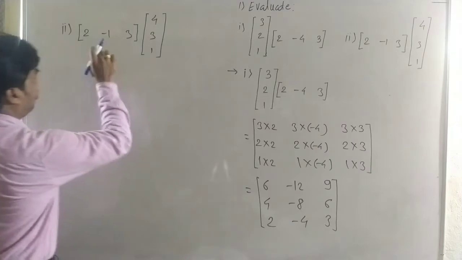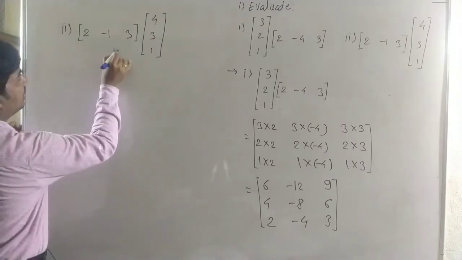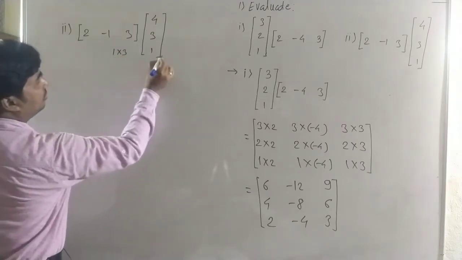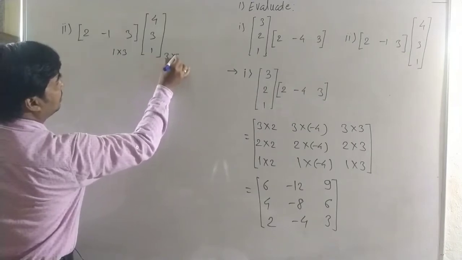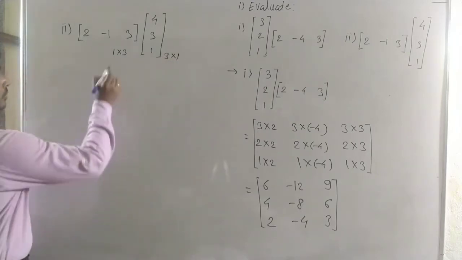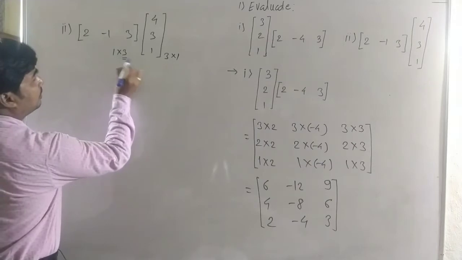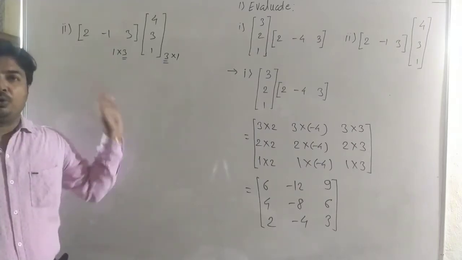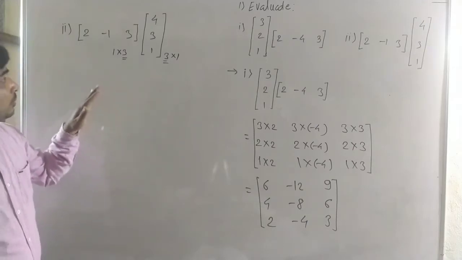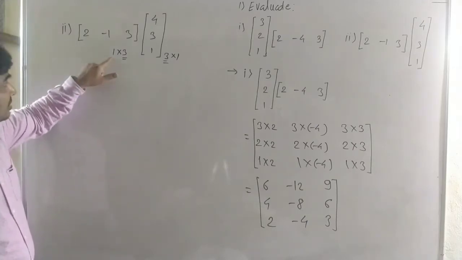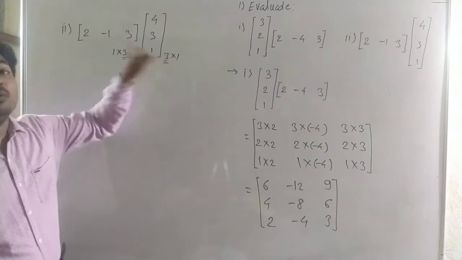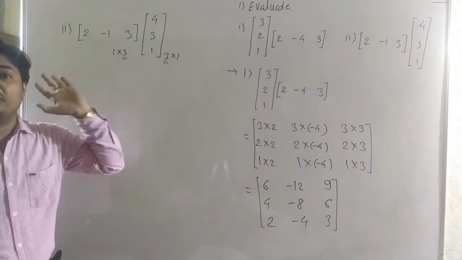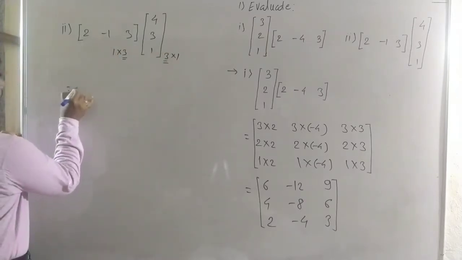See carefully, the order of the first matrix is 1 by 3 and the order of the second matrix is 3 by 1, here reversed. The column number of the first matrix and the row number of the second matrix are the same, so the product exists. The order of the resultant matrix is 1 by 1. Now see carefully.